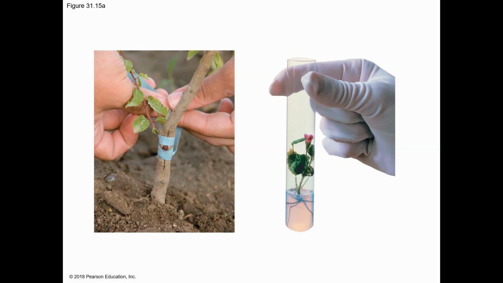And so it can be done either way. I believe this example is of one species of two different strains coming together to introduce that genetic diversity in a unique way. And then this one here is a plant clone that's done in the lab, and so that's all through artificial means.